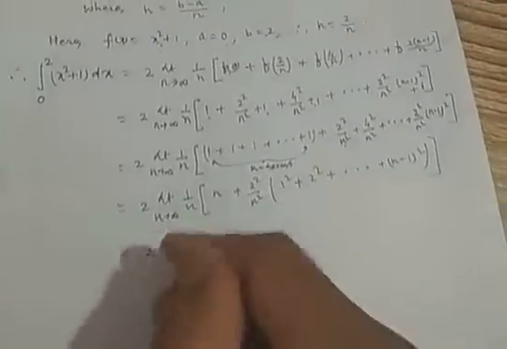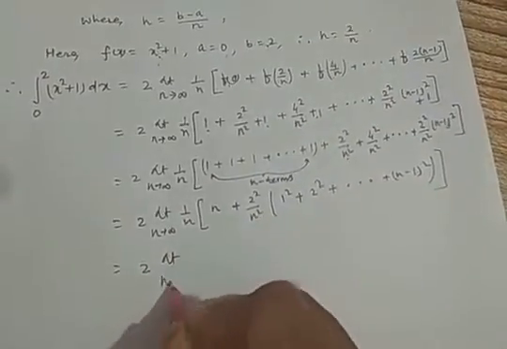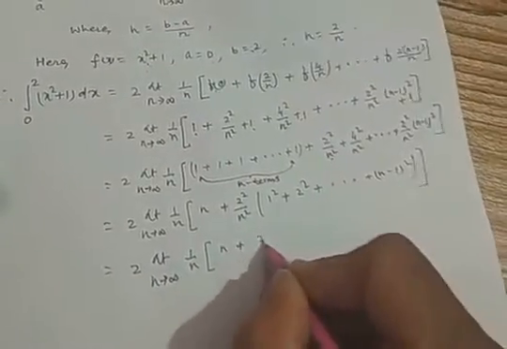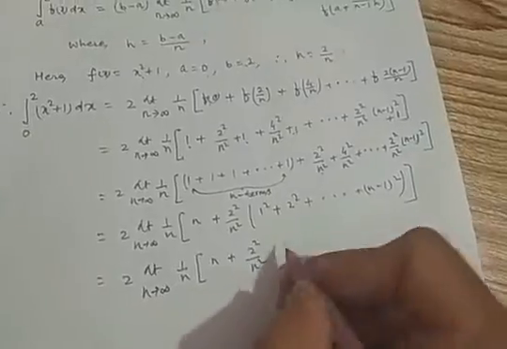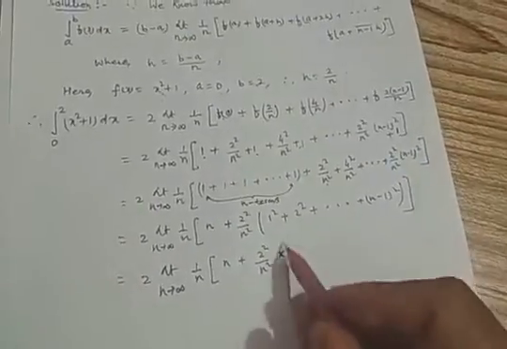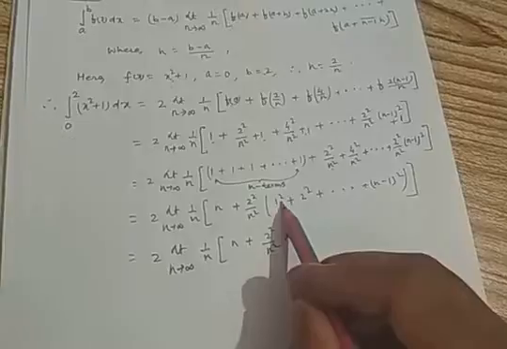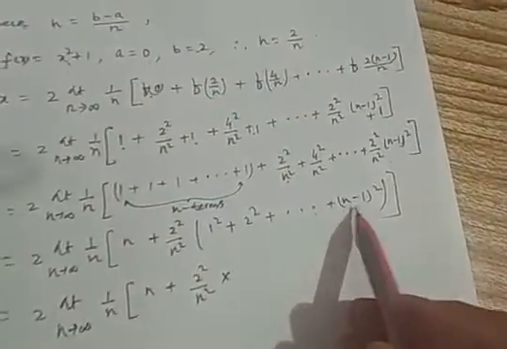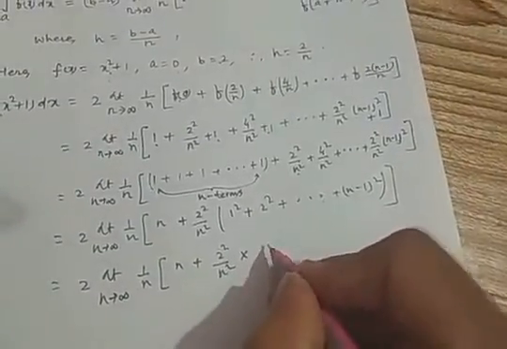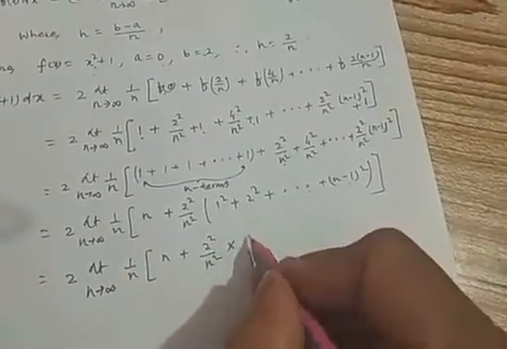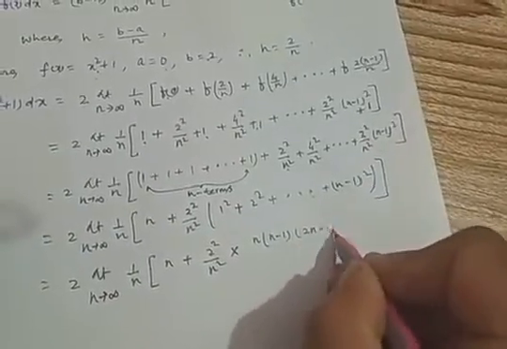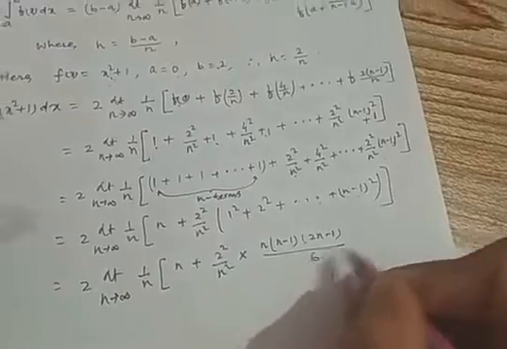Okay, this is equal to 2 into limit n tends to infinity 1 upon n, n plus 2 square upon n square into, we know that the sum of 1 square plus 2 square plus 3 square plus dot dot dot (n minus 1) square is n into (n minus 1) into (2n minus 1) upon 6.